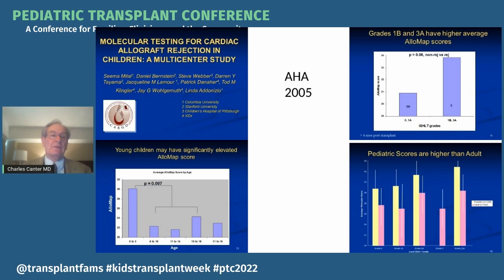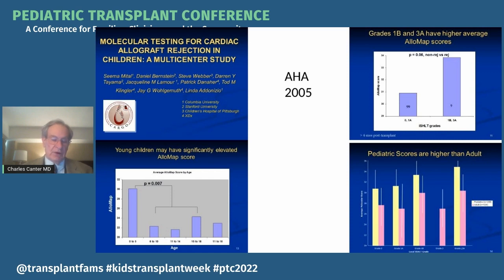The study was done at Columbia and Stanford and Pittsburgh, all prominent pediatric heart transplant places at this time. And the problem was that the results in children were very different than what they were in adults. Adolescents match pretty well to adult values, but those younger than adolescents and young children tended to have higher scores than what was found in an adult.